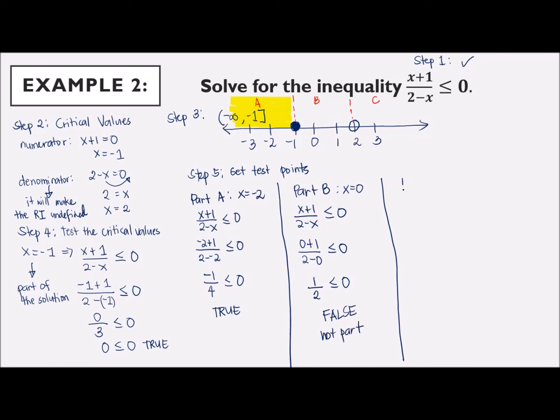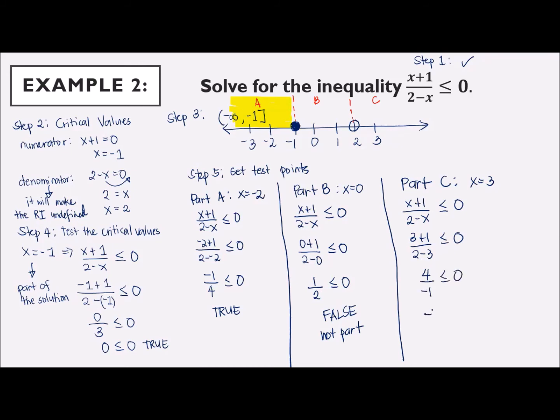Okay? Now, let's start with part C. So, kunin na natin nasa kanan yung mas malapit. So, that is 3. So, ulit po ulit. Okay, yung x palitan ng 3. Then simplify. 3 plus 1 is 4. 2 minus 3 is negative 1.